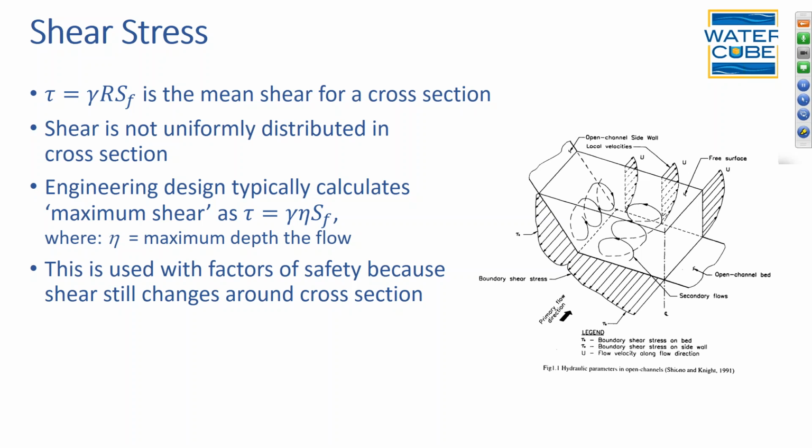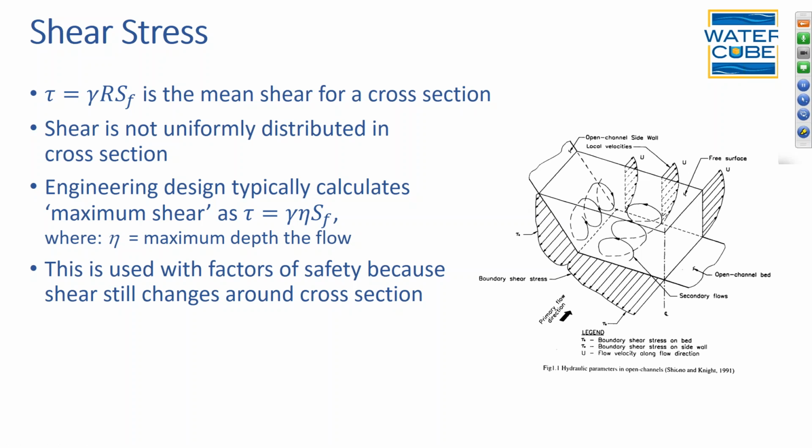It's an average shear, but our river did not go to the University of Illinois. It does not realize it's supposed to obey this equation, and so you actually have your shear stresses varying all over your cross-section and from cross-section to cross-section.